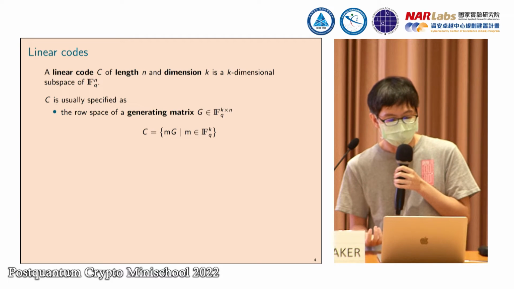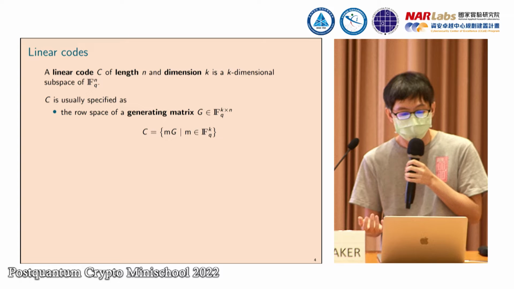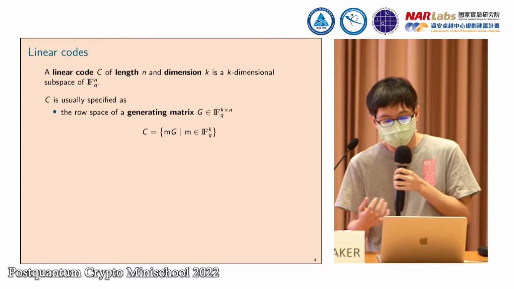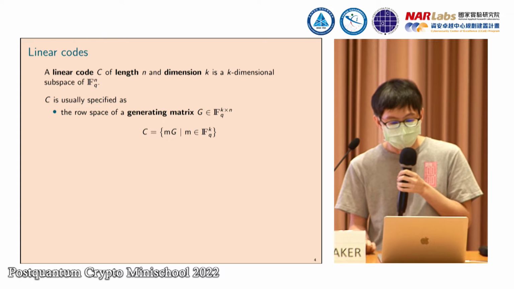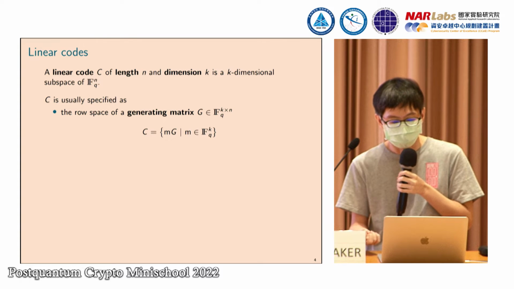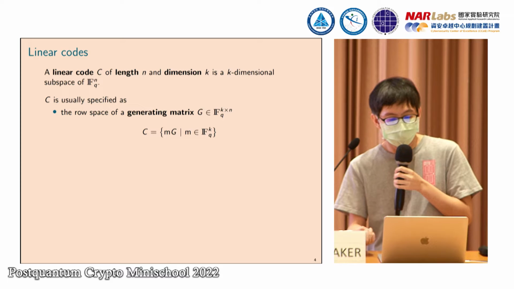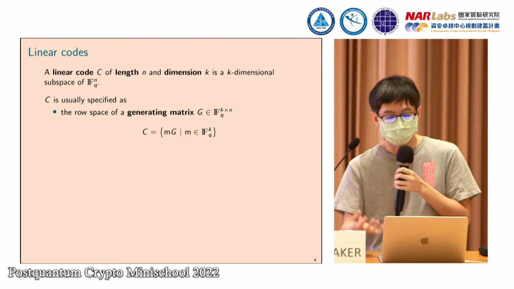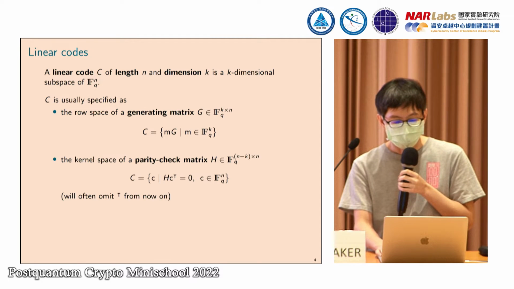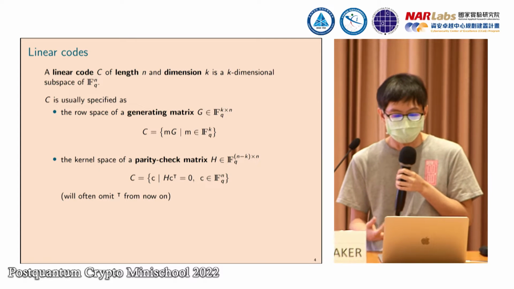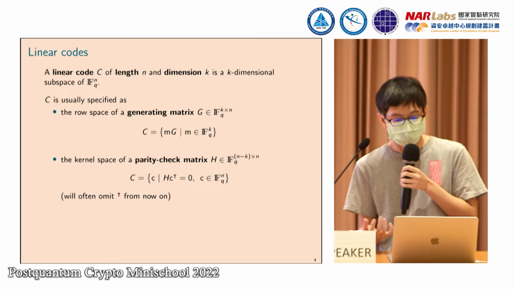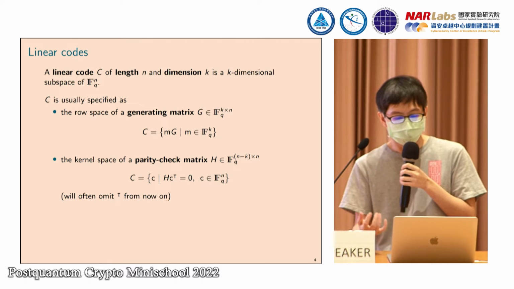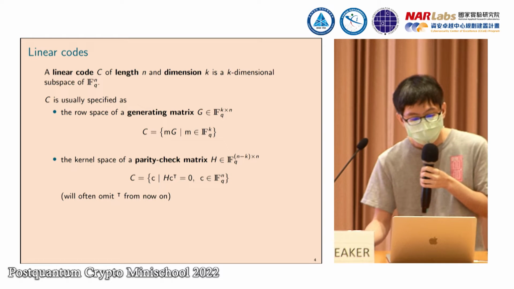Since a code is just a linear subspace, you can of course represent it as the row space of a k times n matrix G. By definition, this row space consists of the results of multiplying all kinds of length k vectors by G. You can also represent the code as the kernel space of a parity check matrix H, and H is going to have dimension n minus k times n.